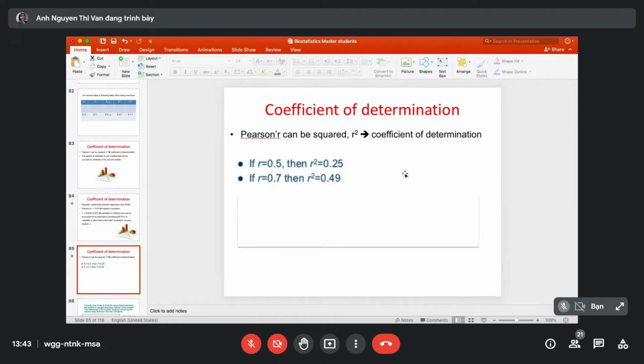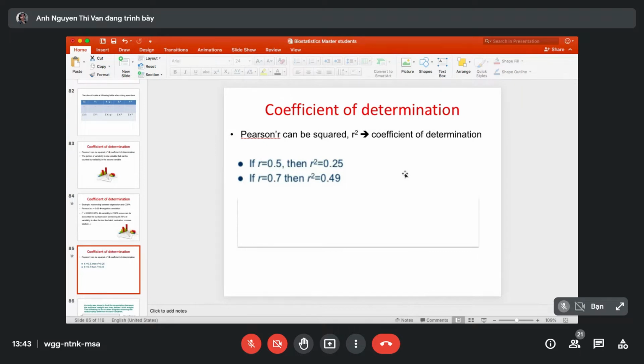So R is 0.7. It tells you a positive correlation, moderately strong. So it means when one variable increases, the second variable will increase too. From R, you can calculate the coefficient of determination, that is R squared. R squared equals 0.49.